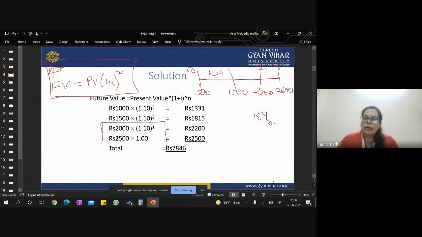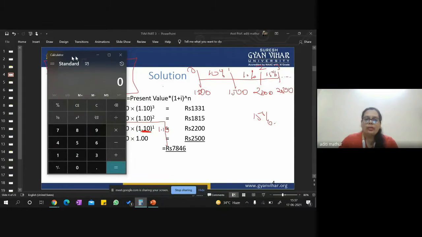I'm saying that you'll be earning 10% over here, 10% over here, but you will be earning 15% over here, and so on. So your formula till here is this, here is this, correct, but over this part it is going to be 1.15.